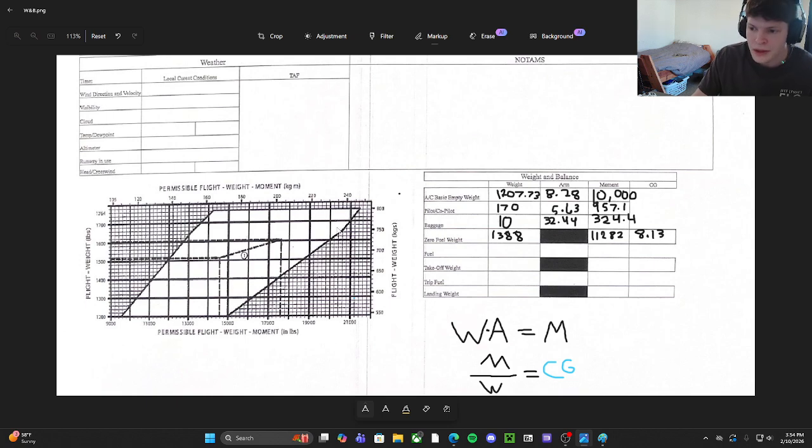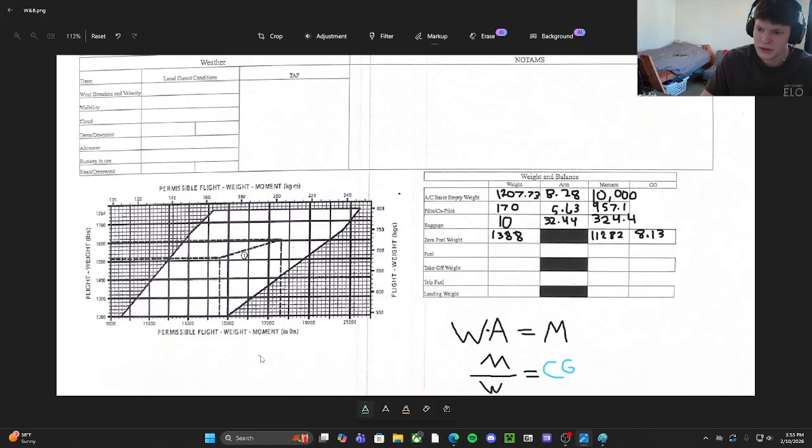Cool. So from there, typically you'll chart with your CG on an envelope chart like this, but Diamond does it a little weird, so you don't actually use that CG.